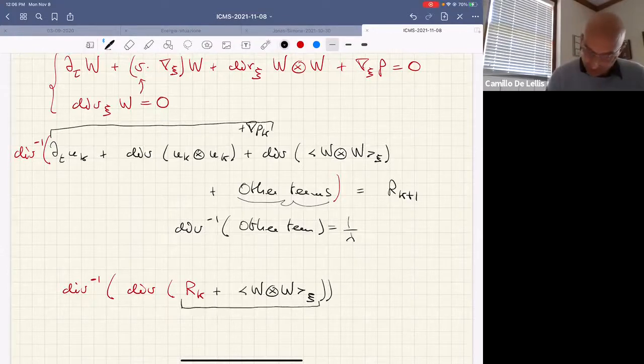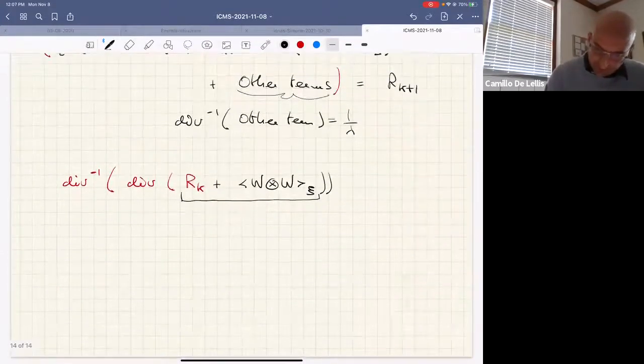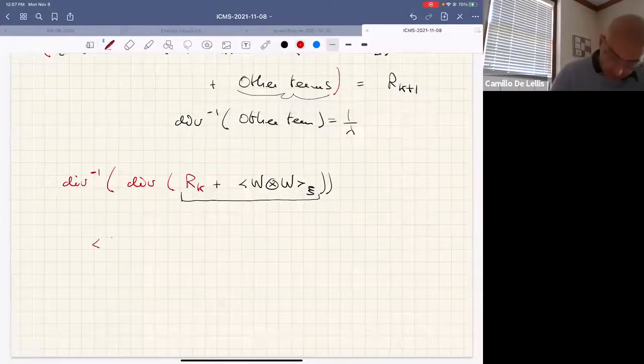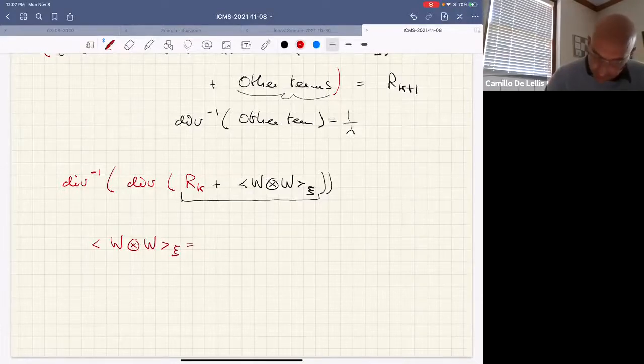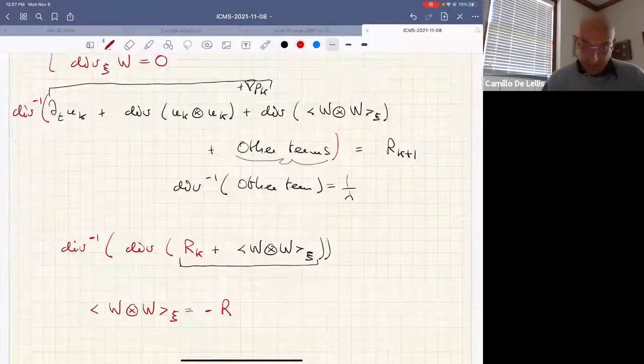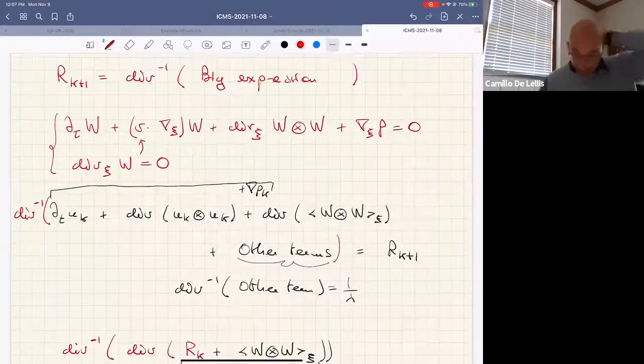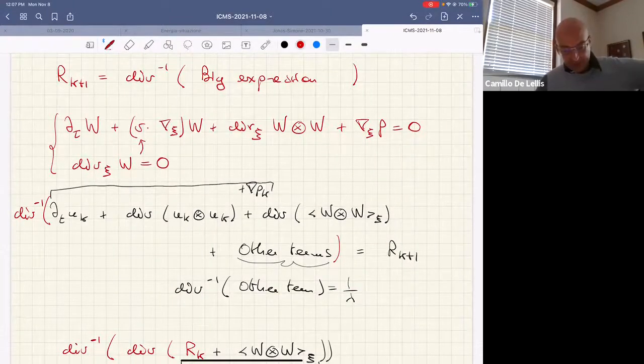So now this gives me this extra condition, which tells me that the averaging in the variable psi of the W tensor W has to be equal to minus R. Now there's a last condition which I should have added. If you remember, when we were satisfying the curl-free constraints, we passed to a potential.